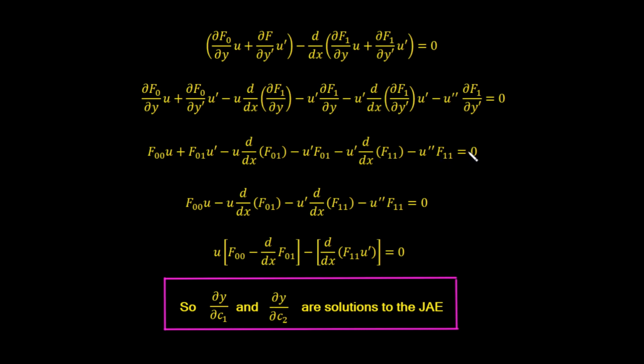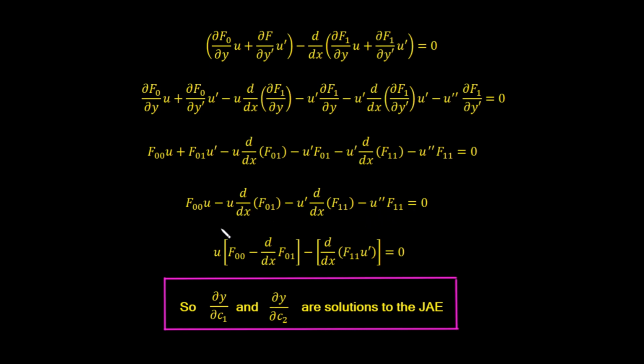And that was all equal to 0. And then we can add like terms or cancel like terms. So we're going to have f naught 1 u dash, this term here, minus f naught 1 u dash. So this disappears here. So it's going to leave us with the 4 terms that we've got at the bottom. This is 1, 2, 3, 4 terms.